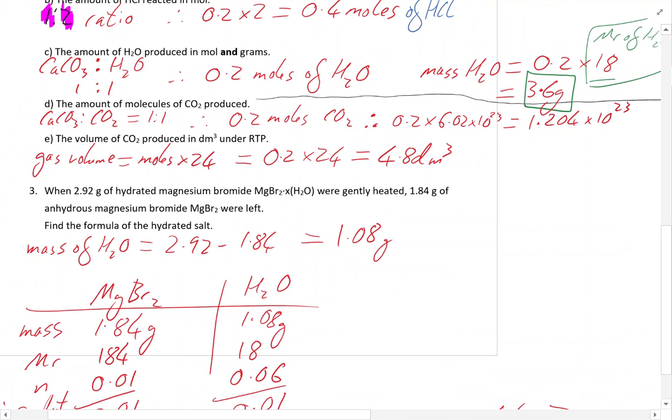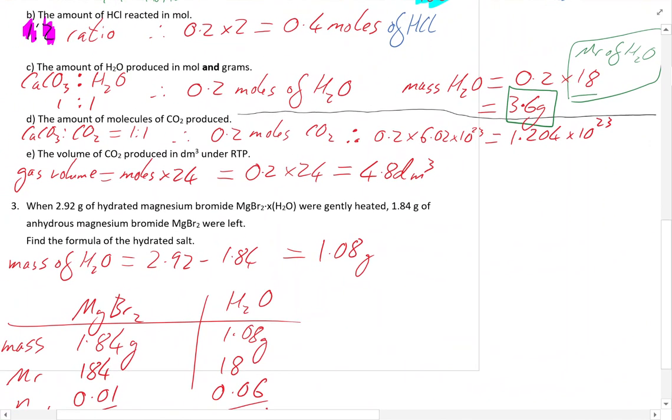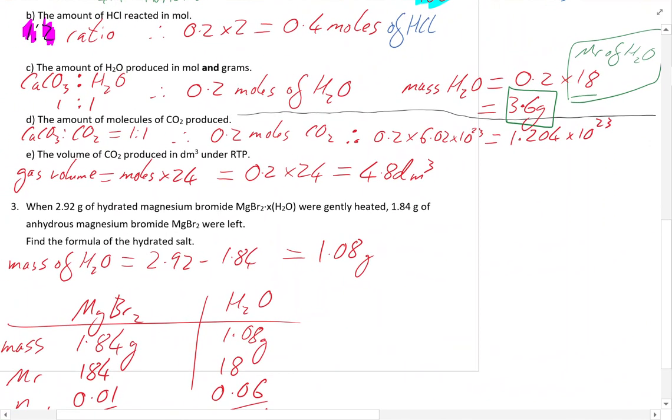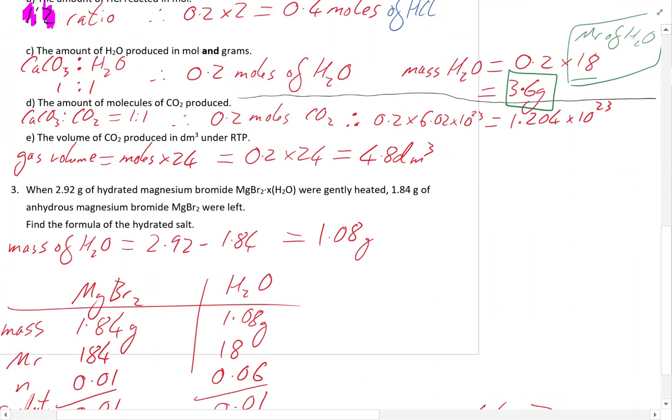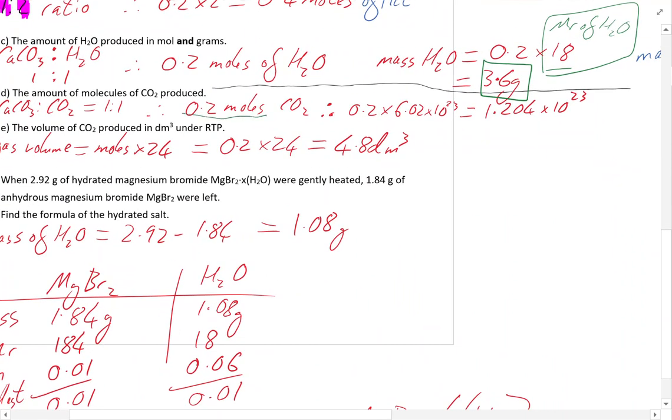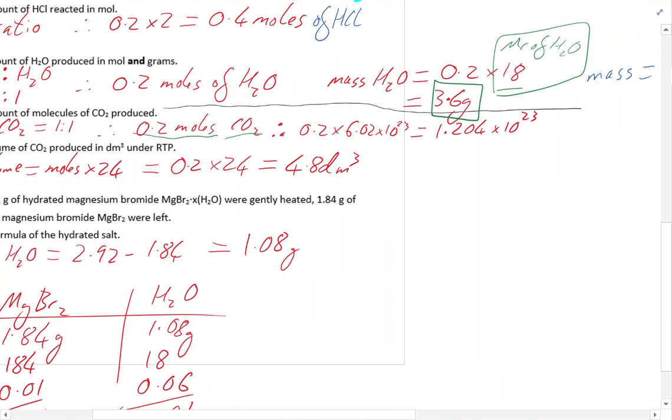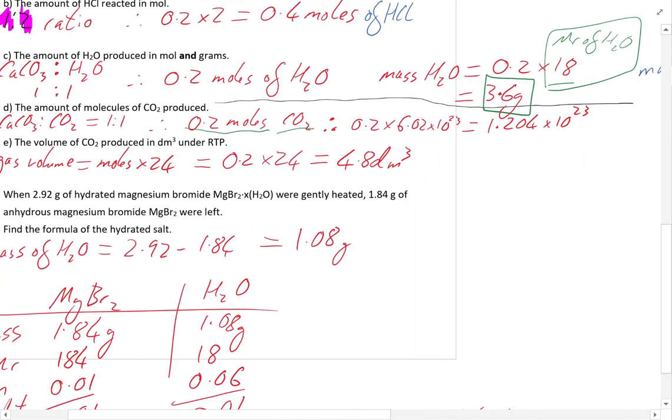Next question, the amount of molecules of CO2 produced. And this, again, calcium carbonate to CO2 is a 1-to-1. So it's a 1-to-1 ratio, so it is also 0.2 moles of CO2. And this is asked for the amount of molecules, not the amount of moles, but the amount of molecules. So the physical number of things. Remember, moles represents a number, like a dozen.